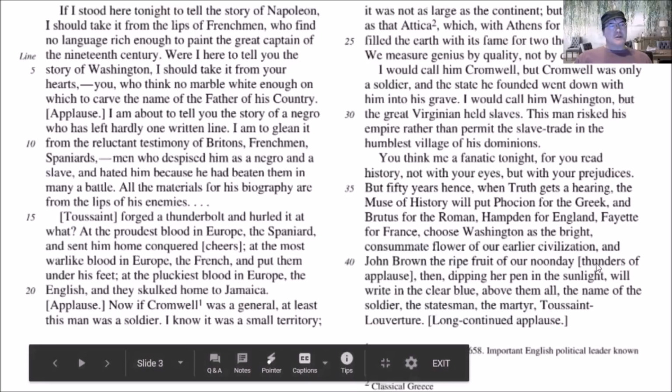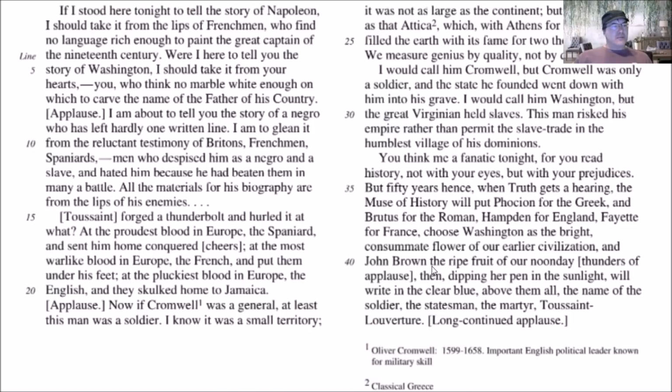Thunders of applause. He knows he's speaking to abolitionists. He knows his audience. And bringing in John Brown, who would basically sacrifice his life, very much an extreme abolitionist, to say, hey, here's small people that have done great things. He's still making those parallels with Toussaint.